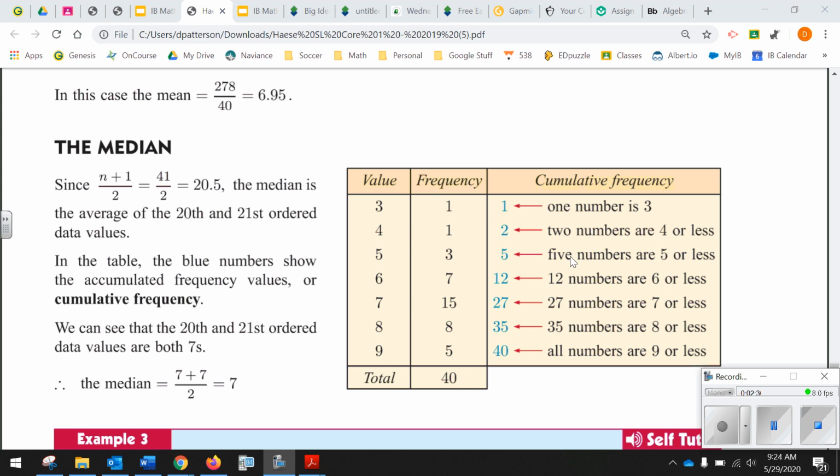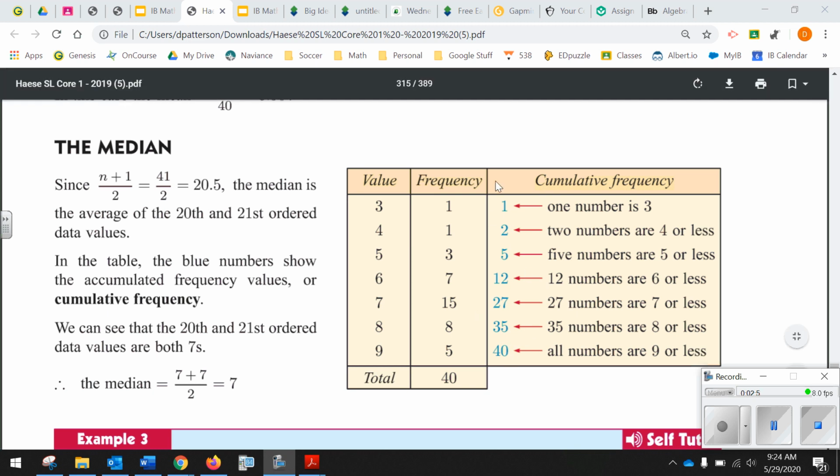So we see we have another column here for the cumulative frequency. We first have the 1 here because there's only one value at or below this value of 3. When I get to the value of 4, cumulatively I have 2 because there are 1, 2 values here. Then I have a 5 because it's 3 plus 1 plus 1, 12, 27, 35, and 40. Right, so here's our cumulative frequency.